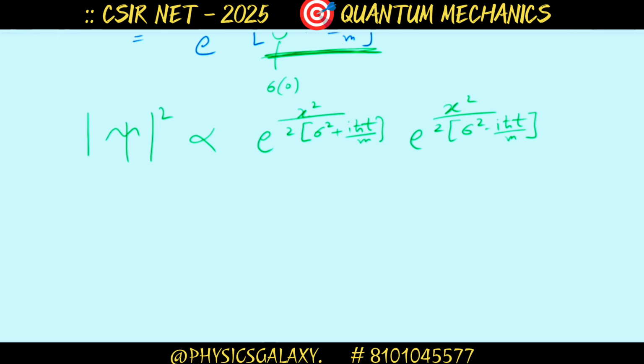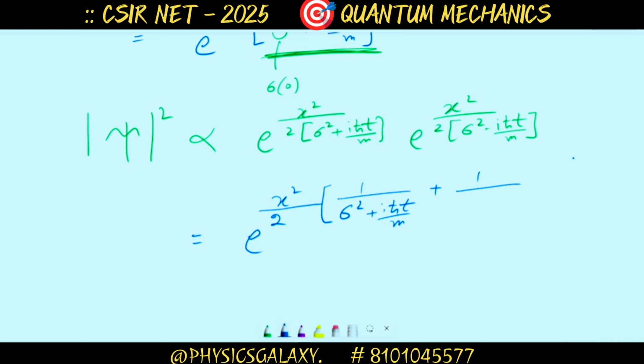Bases are same, powers are added: x square by 2, then we'll have 1 by sigma square plus iota h cut t by m plus 1 by sigma square minus iota h cut t by m.